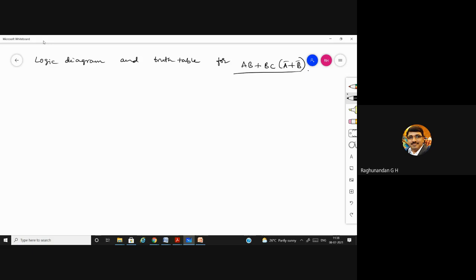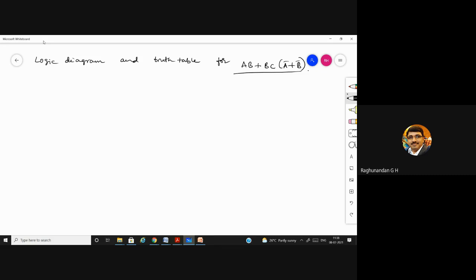They have not mentioned simplify. If they have mentioned simplify, then you have to simplify it and then do the process. But if they have not mentioned simplify, then don't simplify it. You need to write the truth table as it is. Please remember this.